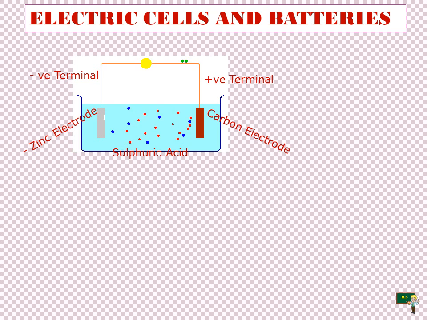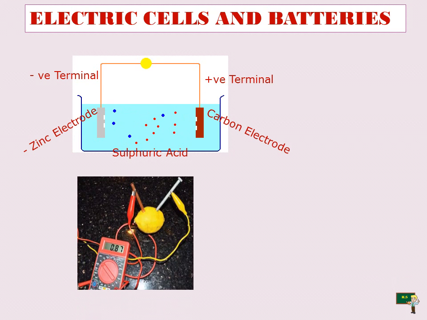Batteries have three parts: one is anode, another is cathode, and the electrolyte. Here we use sulfuric acid as the electrolyte, zinc electrode as the anode and carbon electrode as the cathode.